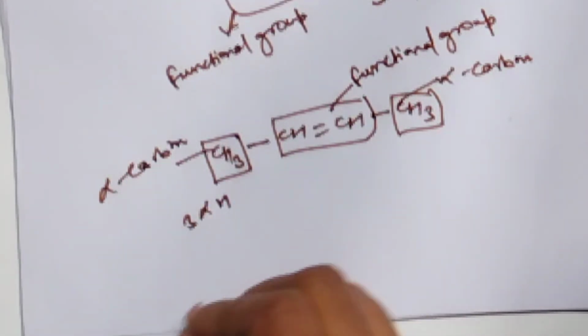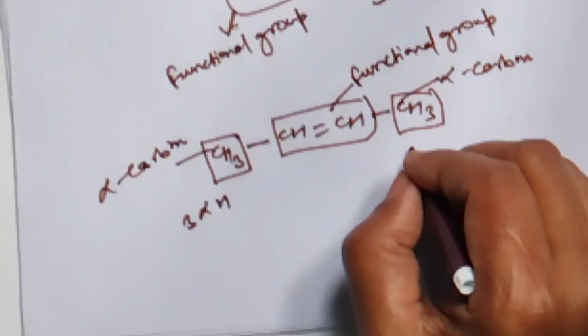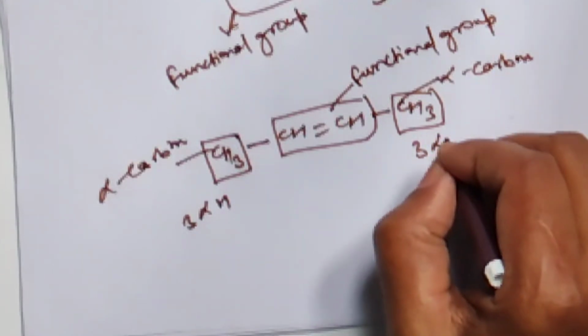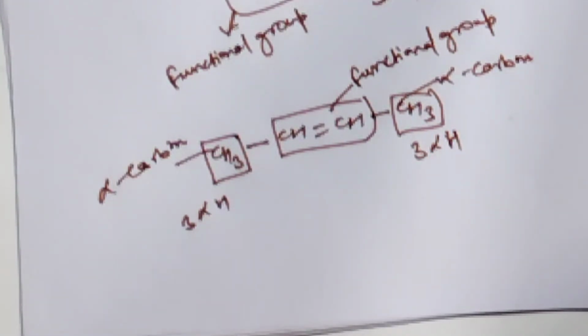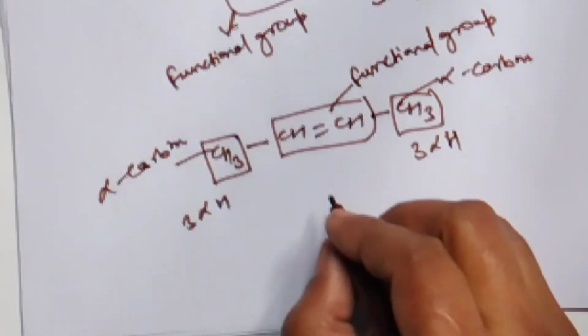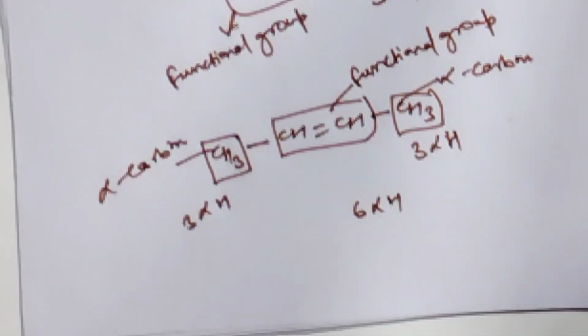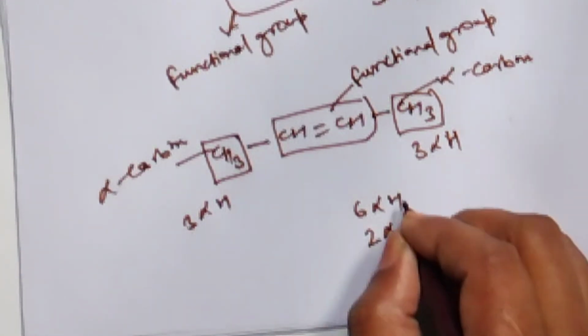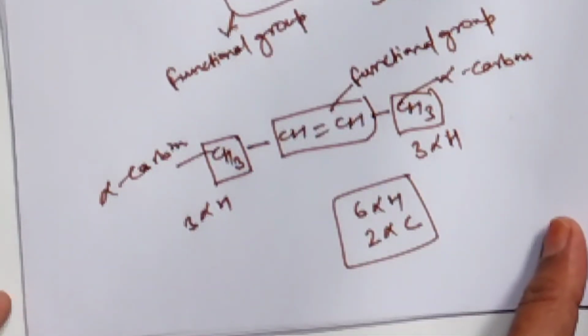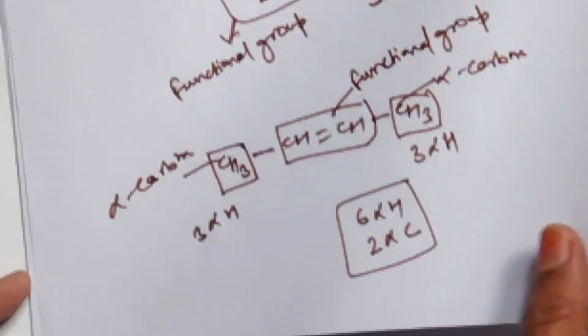This carbon has 3 alpha hydrogens and this carbon also has 3 alpha hydrogens, which means this compound has 6 alpha hydrogens and 2 alpha carbons.